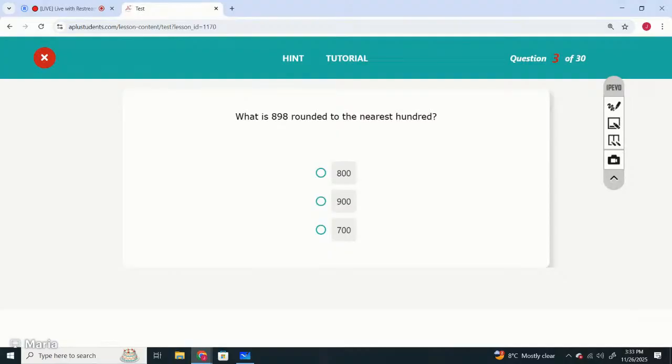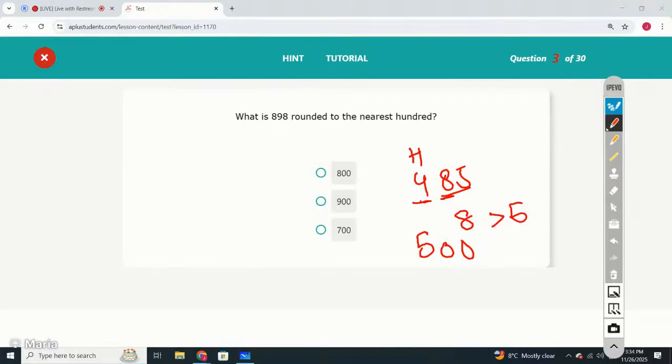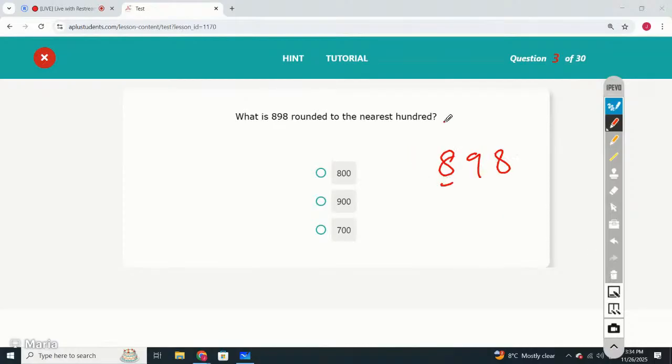What is 898 rounded to the nearest 100? So 898, we need to round off to the nearest 100. So 8 is the digit at the hundreds position. Right next to 8 we have 9. We need to compare it to 5, so 9 is greater than 5.